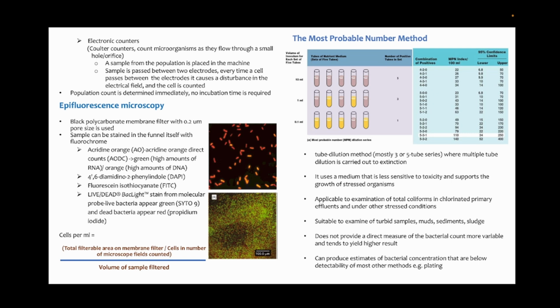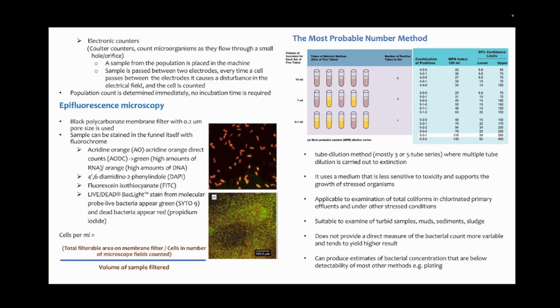Some people also use epifluorescence microscopy to determine whether the bacteria is alive or dead by using propidium iodide. So essentially, propidium iodide only stains dead cells, not live cells.